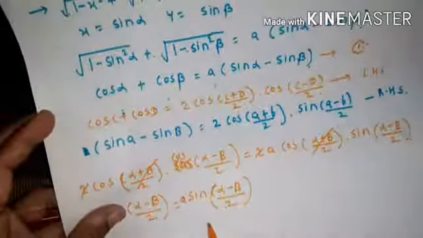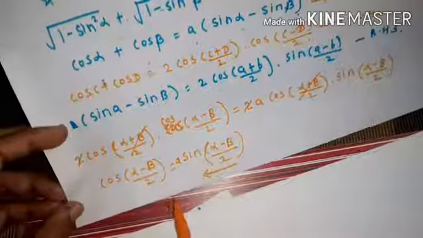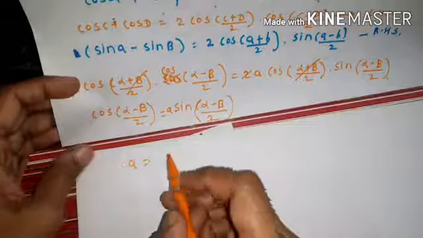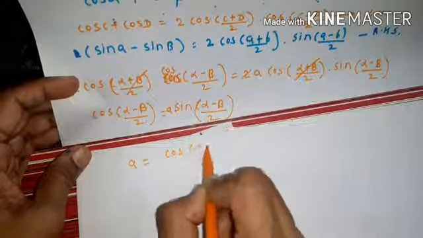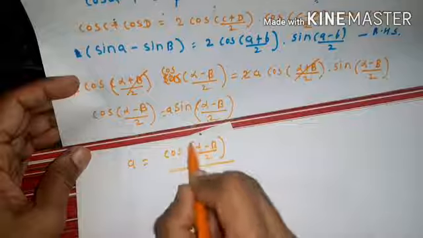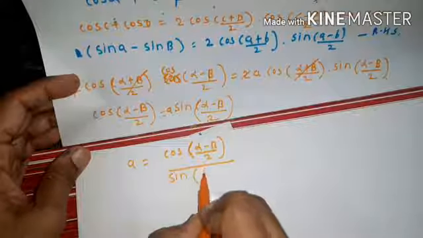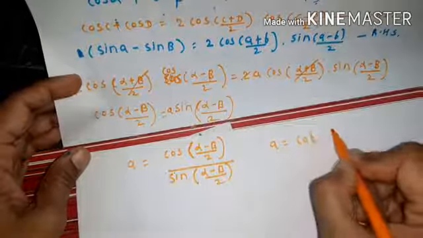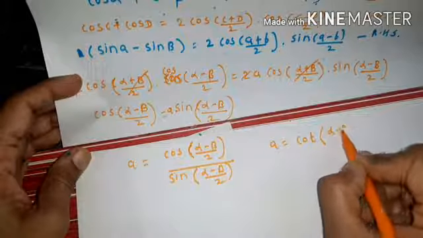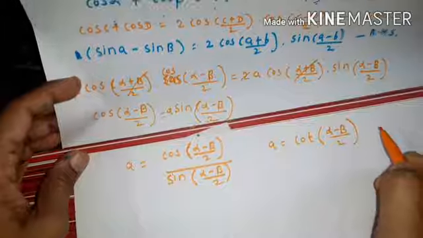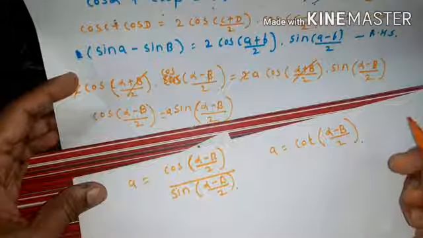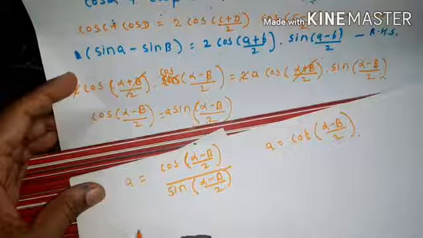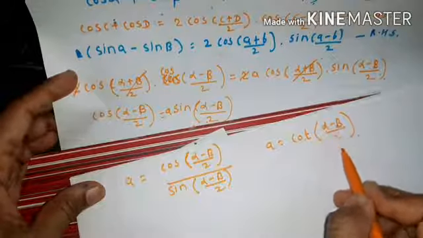Now shift this term to that side, we get a equal to cos of (alpha minus beta) upon 2 divided by sine of (alpha minus beta) upon 2, and this implies a equal to cot of (alpha minus beta) upon 2.